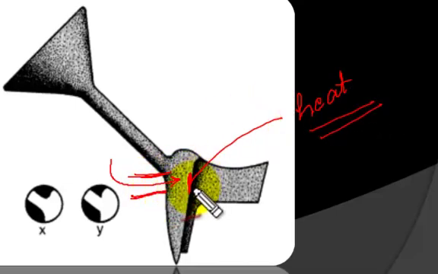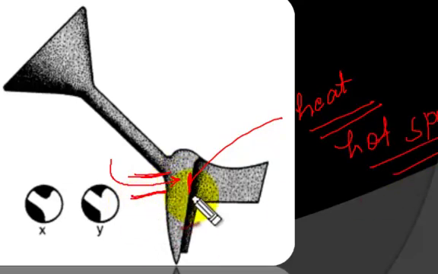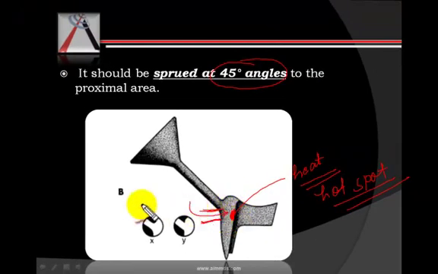This heat will result in the creation of a hot spot at this point, and this will be the last spot to solidify, creating a localized shrinkage porosity. We'll be talking about shrinkage porosities when we go to casting defects, but since this area will be the last one to solidify, it will remain deficient of metal and will be a spot of localized shrinkage porosity. So that is why we do not want the sprue to be attached at 90 degrees. So we keep it attached at 45 degrees to the proximal area.